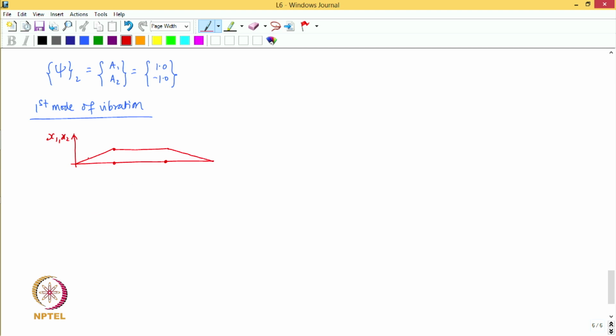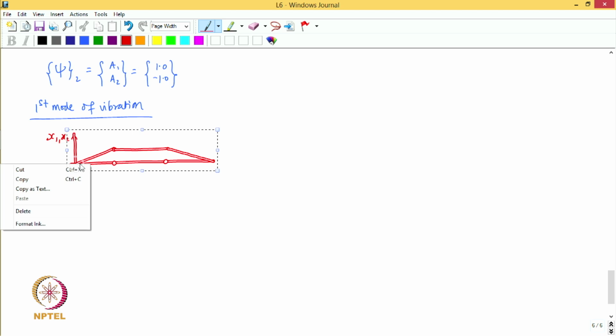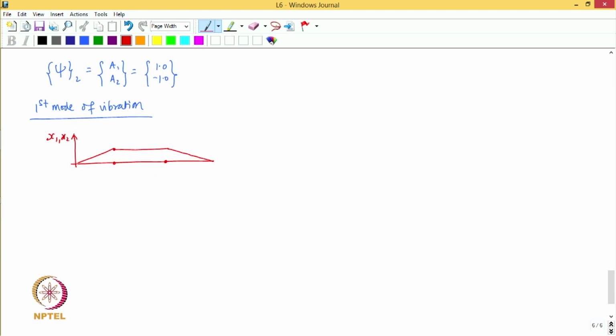And when time progresses, this displacement is going to change like this. So, both masses move synchronously, they reach their maximum position and mean position simultaneously in this mode. In fact, in every mode this is going to happen.